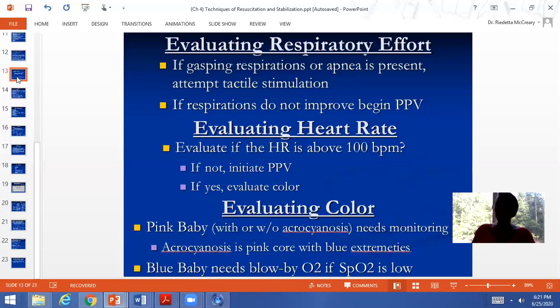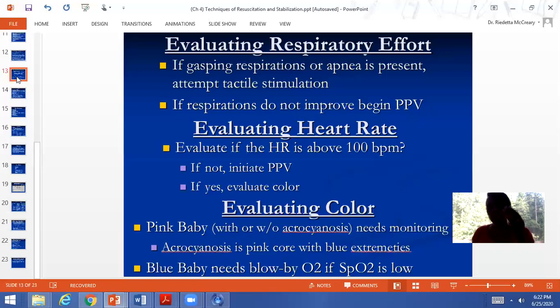The indicator at this point is to check the heart rate. If the heart rate is above 100, then you do not need to continue. It says if not, initiate. Well, that's true. Okay, so if you evaluate the heart rate and it is not above 100, then you need to do positive pressure ventilation.